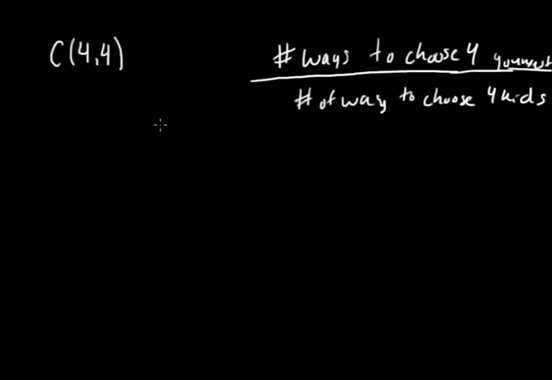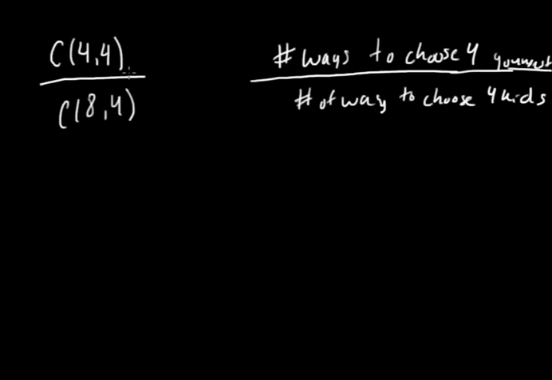We already know the top of that, and that's C of 4 4. And the bottom's pretty obvious. How many ways are there to choose 4 kids out of 8? Well, there's C of 8 4 ways. You're choosing 4 from 8.